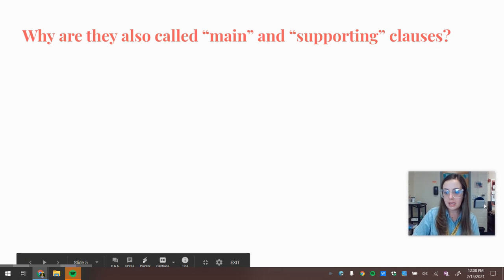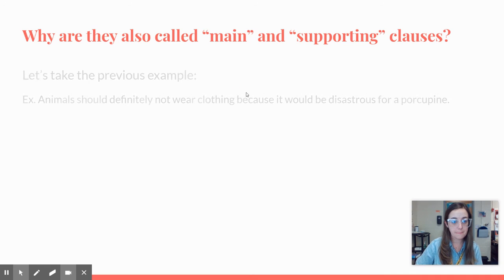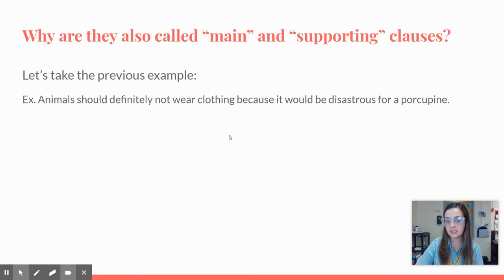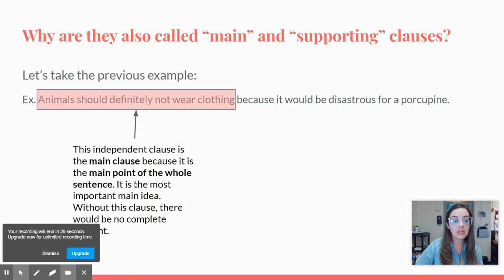So why are these clauses also called main and supporting clauses? Let's take the previous example. Animals should definitely not wear clothing because it would be disastrous for a porcupine. This independent clause is the main clause. It's what the whole sentence is really about. And the idea in the second clause is just supporting it.